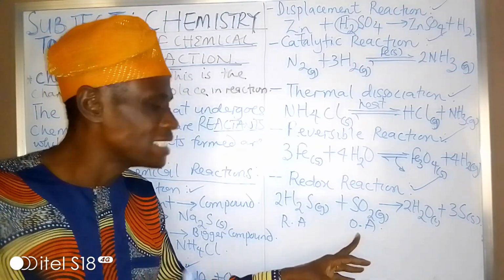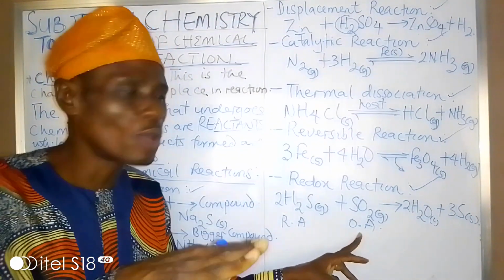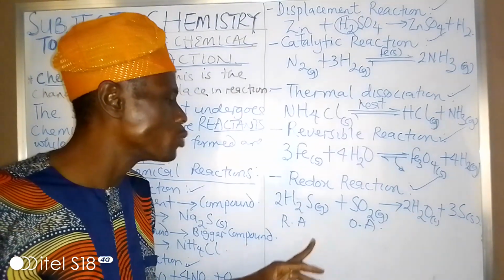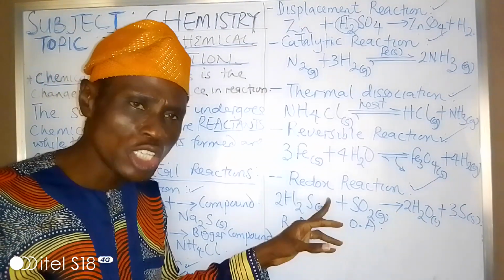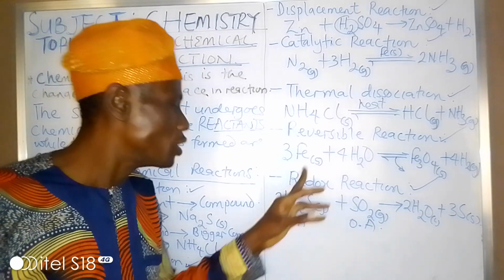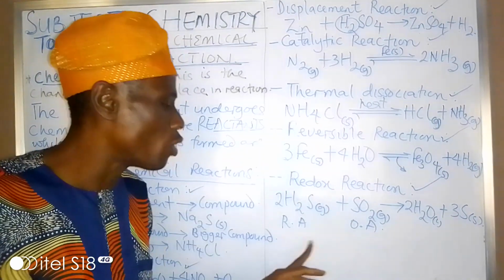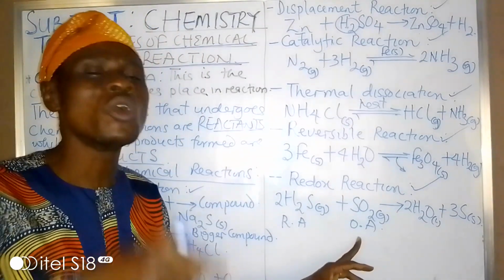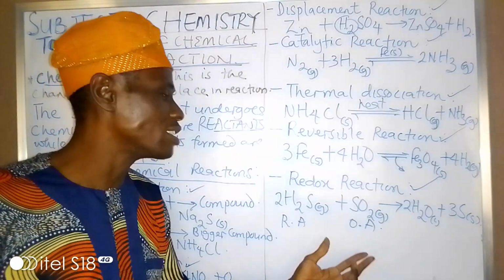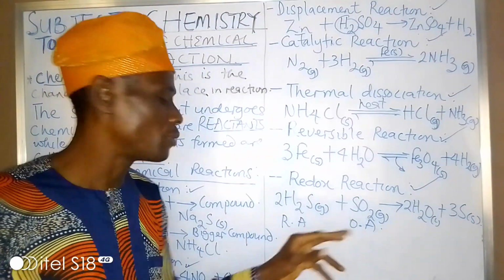Reduced. There is going to be a decrease in their oxidation number. So a reaction in which we have reduction and oxidation is called what? Redox reaction. Reduction and oxidation is called redox reaction, and we also have a reducing agent and an oxidizing agent in such a reaction.